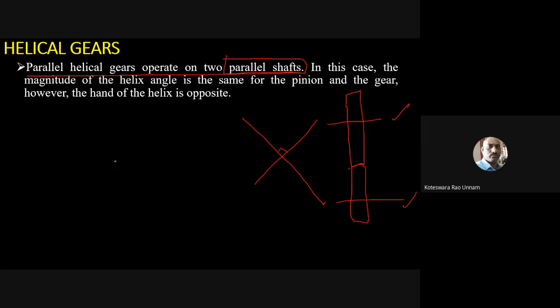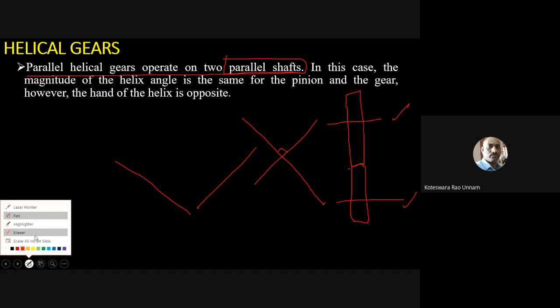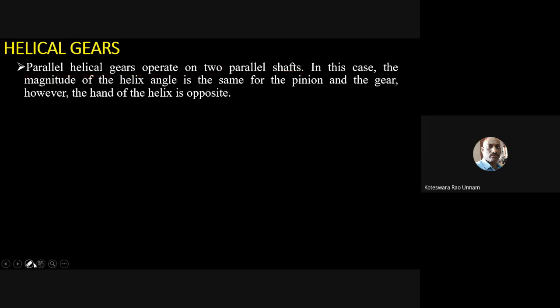It may be any angle, something like this also. Of course, it looks like 90 degrees if I draw like this and like this, but even at angles other than 90 degrees, if you use them for axes which are intersecting, we'll call them crossed helical gears.